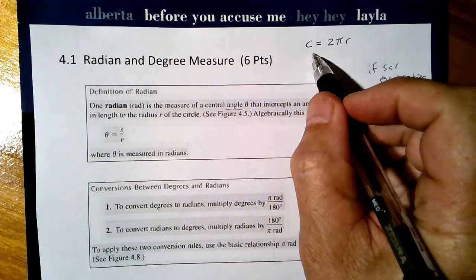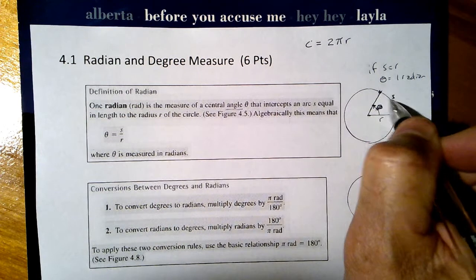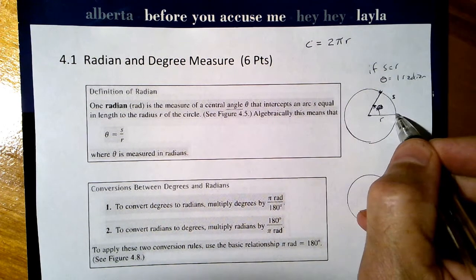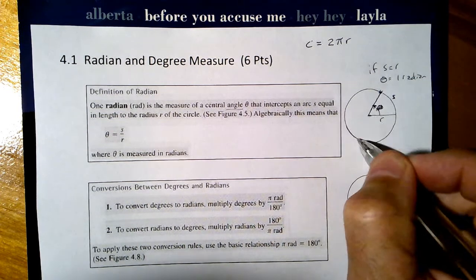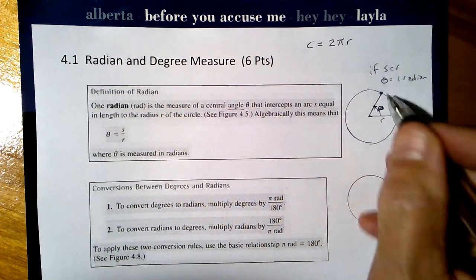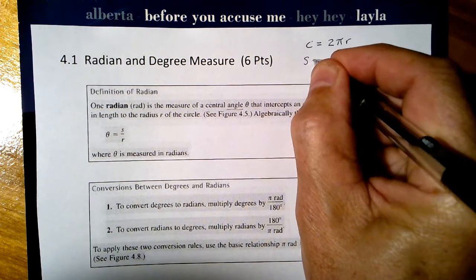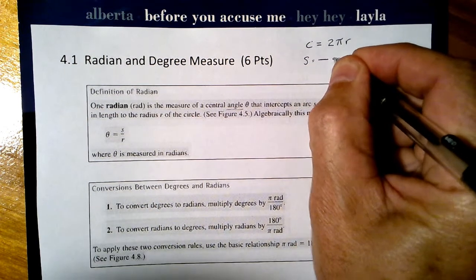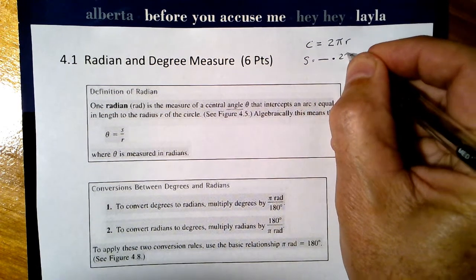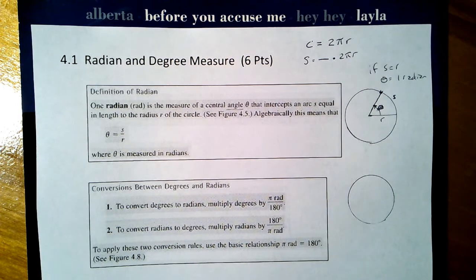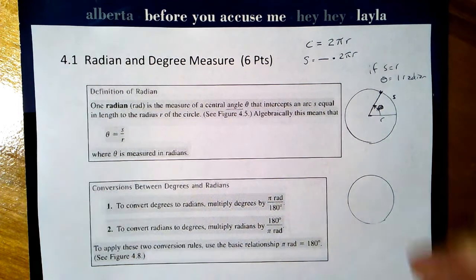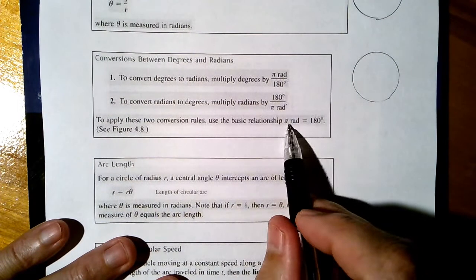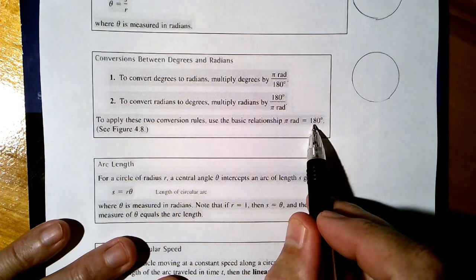So when we talk about this arc length, it's okay to say an arc length is just part of a circumference, or an arc length is a fraction of the circumference. What fraction of the circumference is it? Well, you're going to see down here that pi radians is 180 degrees.